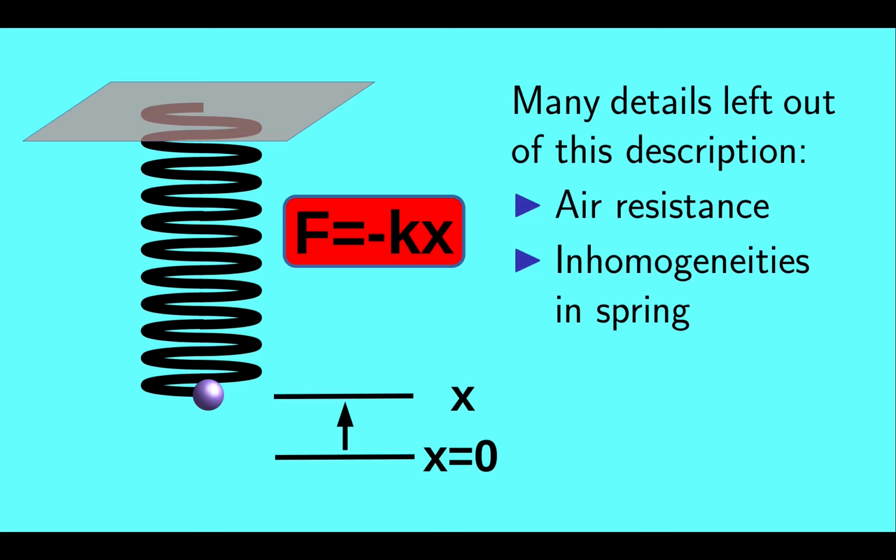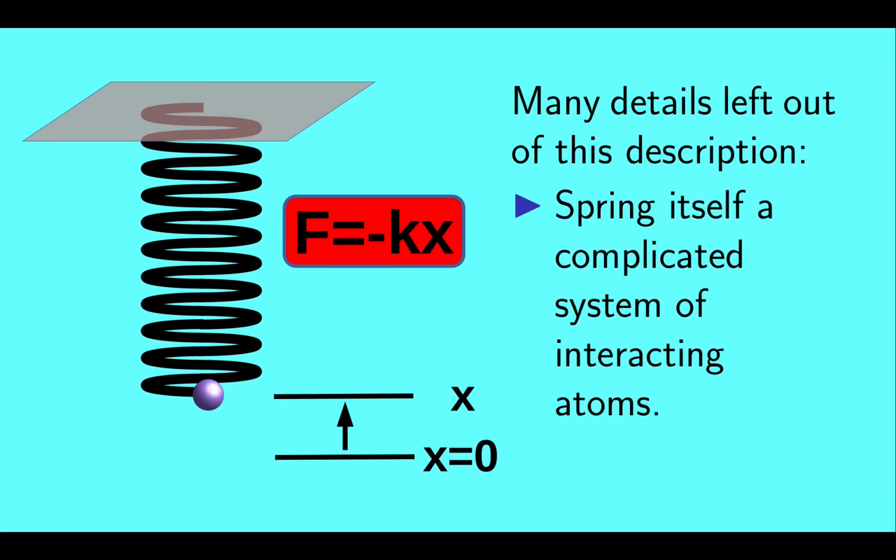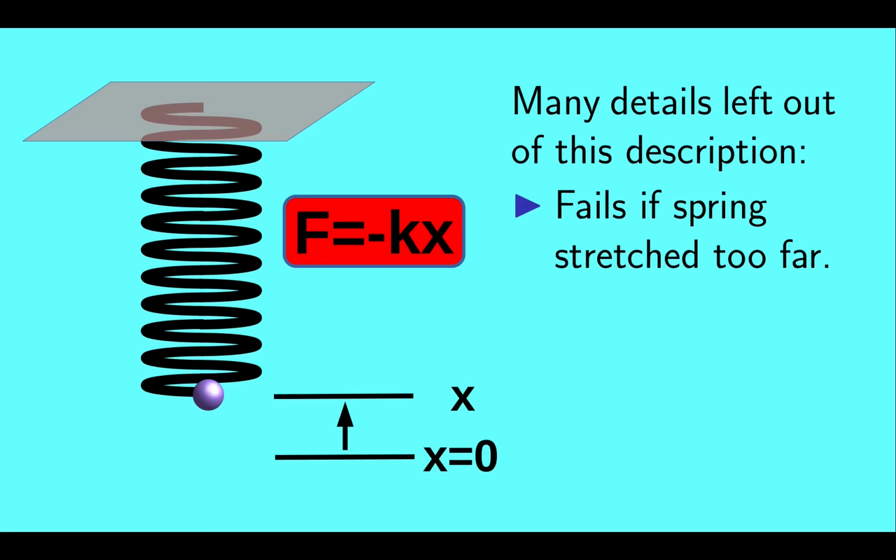And the spring itself isn't a perfectly homogeneous object. Different parts of it will have slightly different stretchiness. For that matter, the spring itself is a huge, complicated system of interacting atoms. Also, this model will fail badly if the spring is stretched too far, and so on.